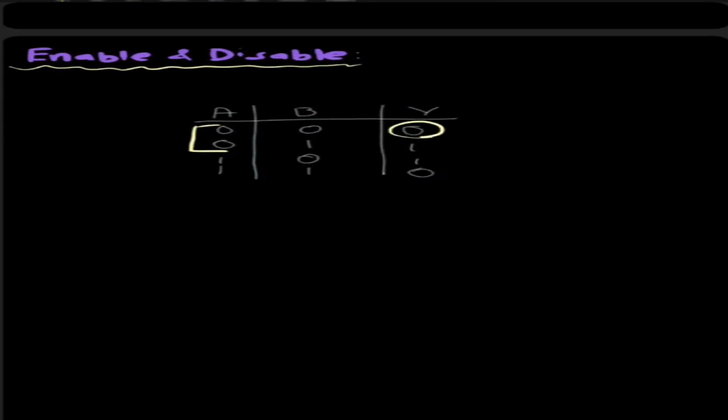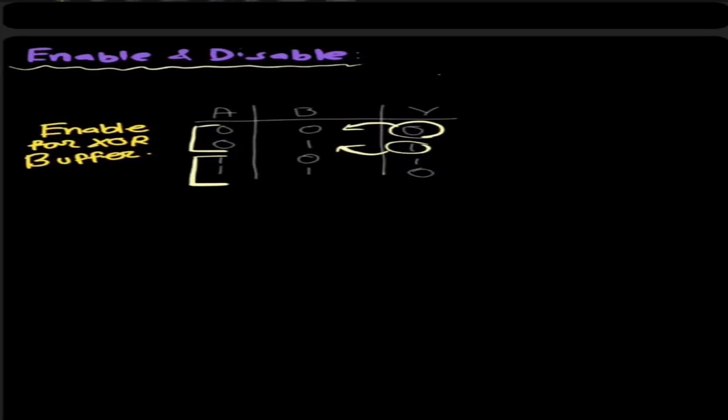Now, as you can see, when the input of A is 0, we get output Y equals 0 when B is 0, and Y equals 1 when B is 1. So this can be called enable for the XOR gate, acting as a buffer.